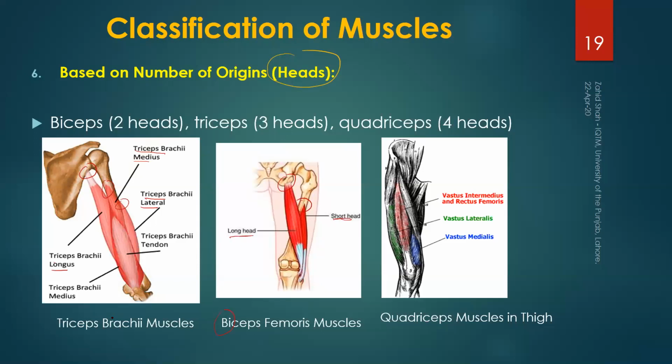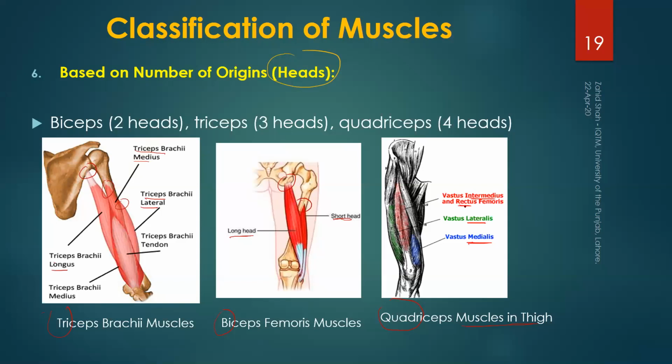So bi means two, tri means three, and quadriceps means four. So we have four heads in the thigh muscle: vastus intermedius, rectus femoris, vastus lateralis, and vastus medialis. So again, you can get an idea that this is on the medial side, on the lateral side, in between.